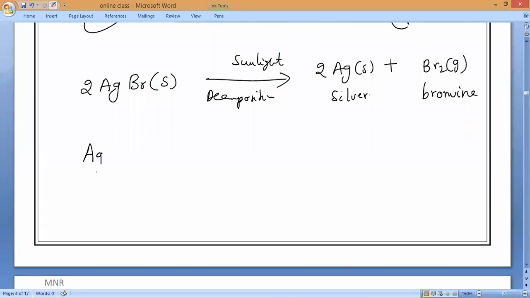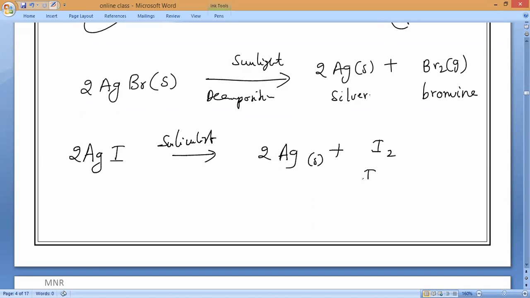AgI. If you expose AgI to sunlight, we get silver, Ag, plus iodine gas.